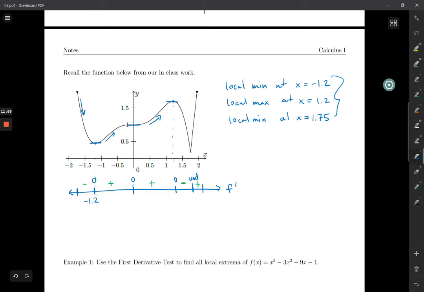So this was negative 1.2, 0, 1.2, and 1.75. Right. Okay, so at x equals negative 1.2, f prime changes from negative, I'm just going to use a plus and minus just to save space, to positive.